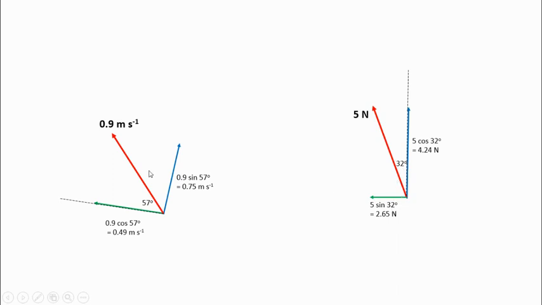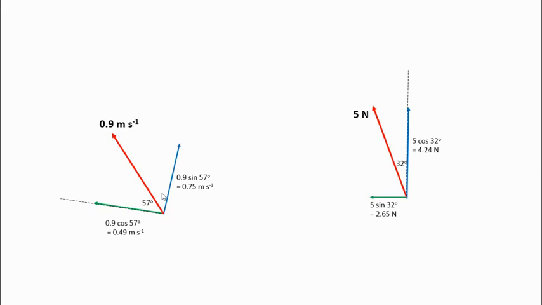Of course, in both of these cases, you could have used the angle that is not labeled, calculate it and use it, and you would still get the same result in the end. So 90 minus 32, which is 58. You could have worked this out as 5 cos 58 and this one as 5 sine 58. So that's how we resolve a vector into two perpendicular components.